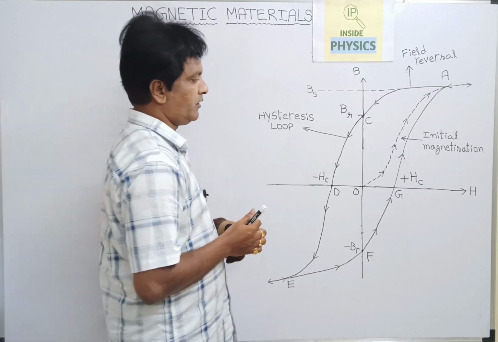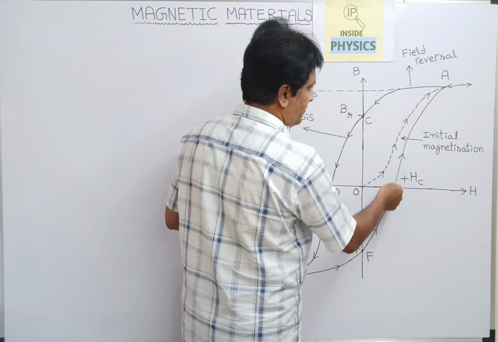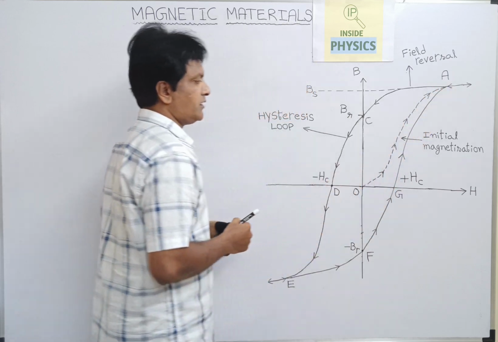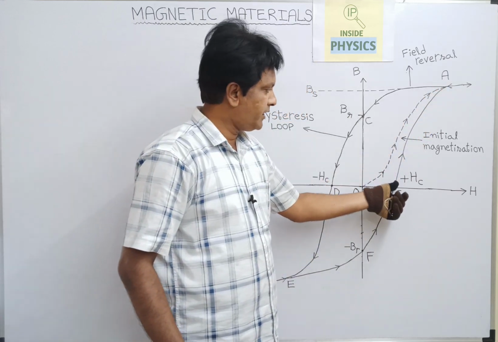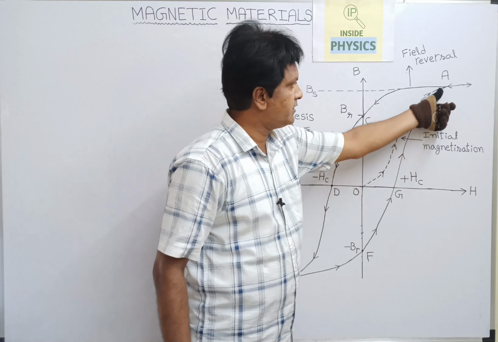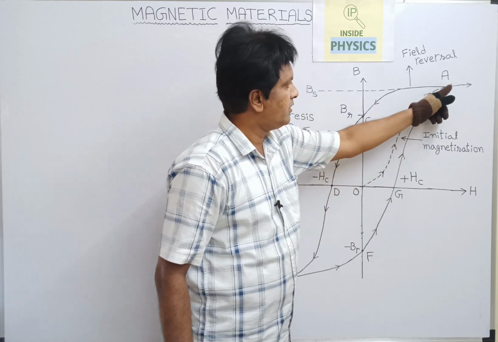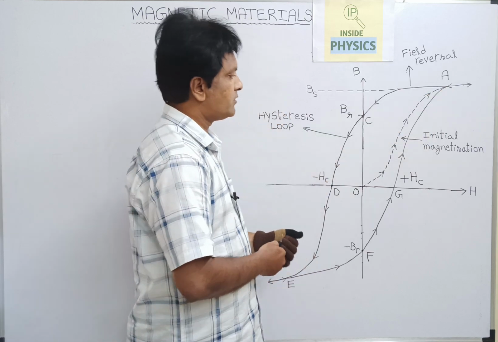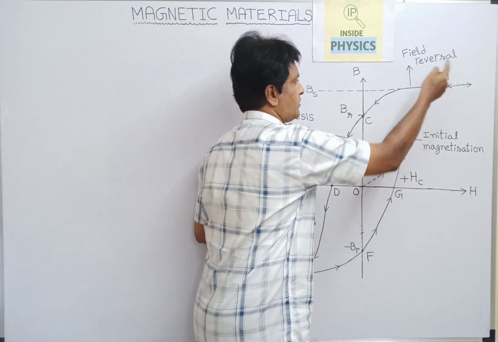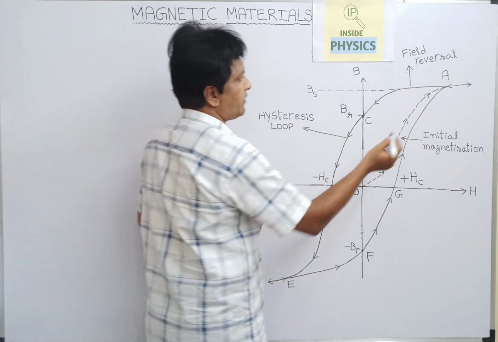Now, here we will complete this graph procedure, and again the magnetic field is increased, and the induction comes to the next levels, so that step by step it is also increased. You can see the two arrows here.